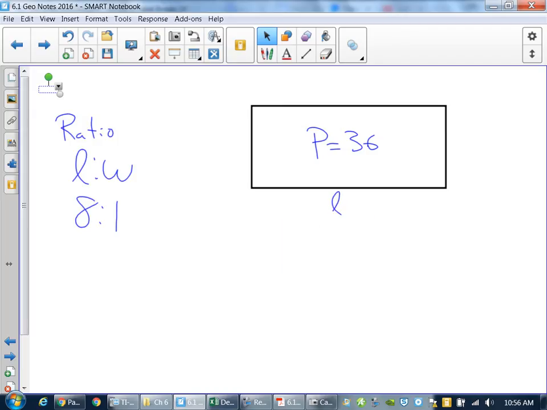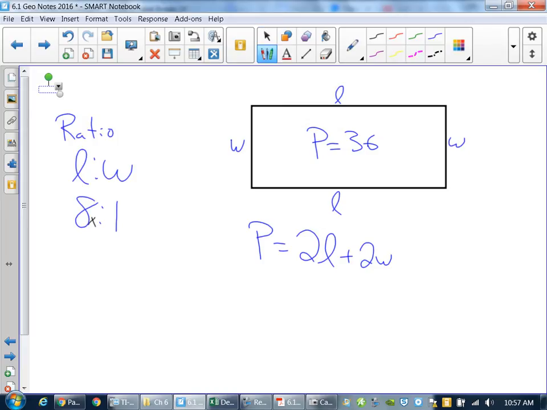So we have length, width, length, and width. How many lengths are there? 2. How many widths are there? 2. So remember, perimeter is twice the length plus twice the width. And just like we did with the angles, throw a variable in it and substitute in.